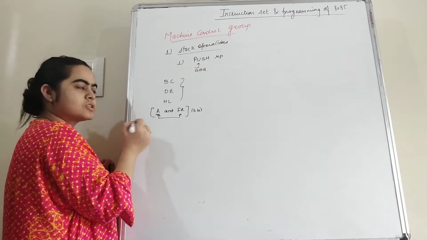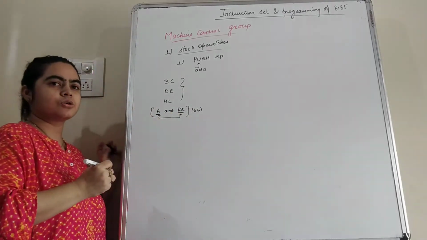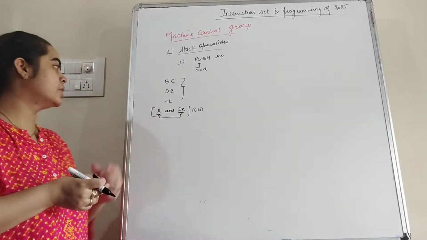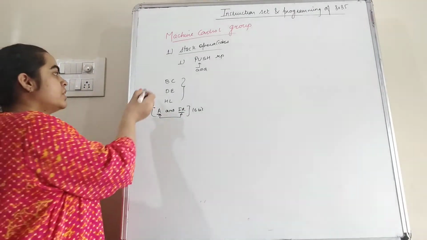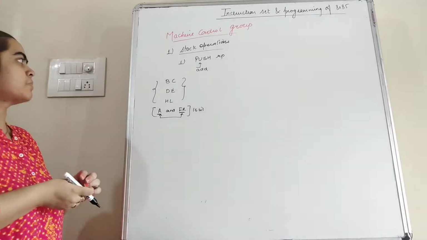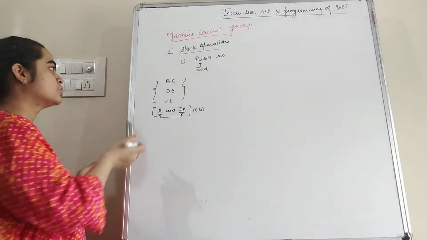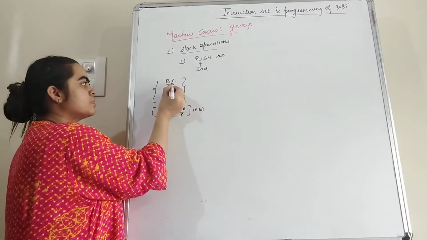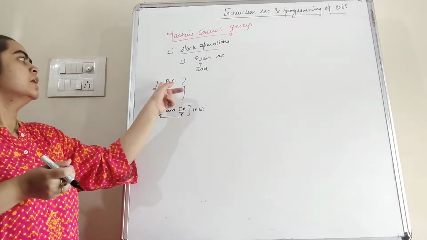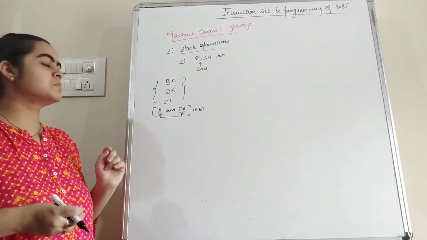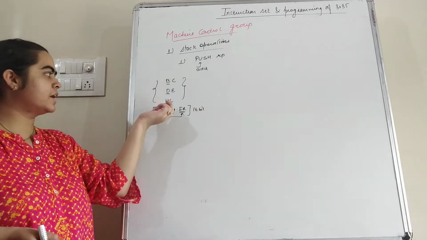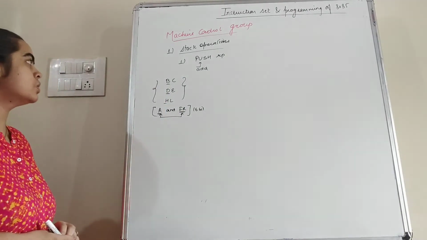The accumulator is 8 bit and the flag register is also 8 bit, so combined they form a 16 bit pair. In the register pair we write only the initial. If we write B, we mean the BC pair. If we write D, we mean the DE pair, and if we write H, we mean the HL pair.